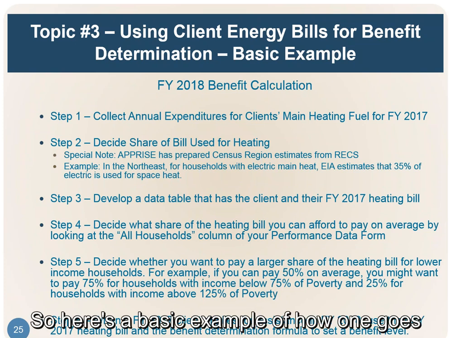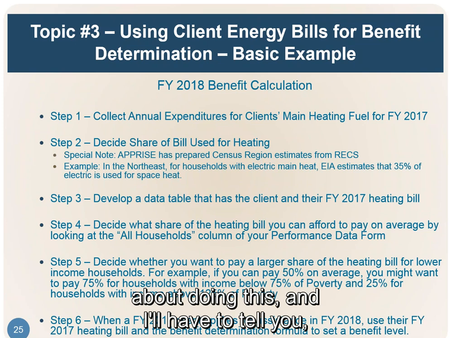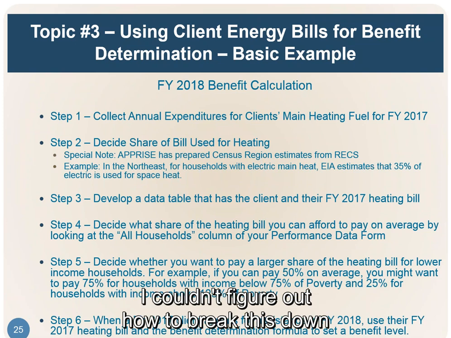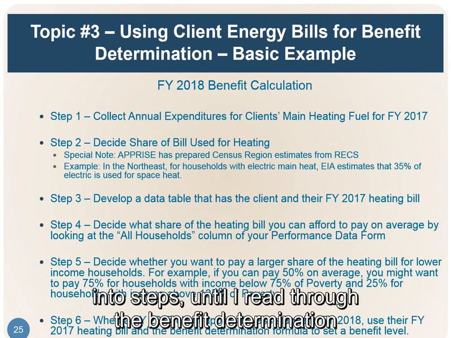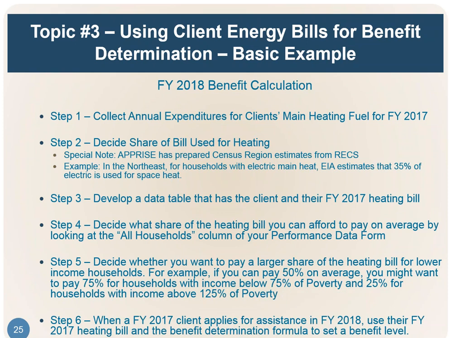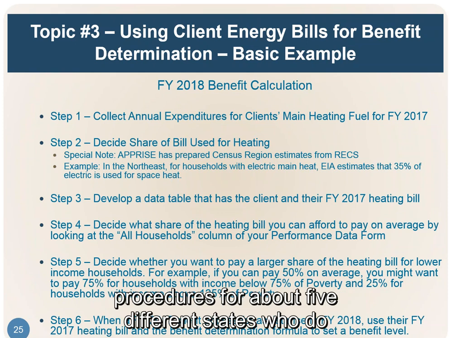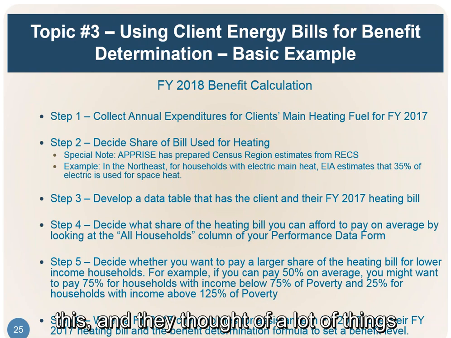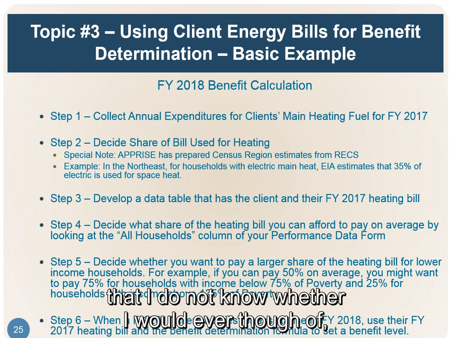So here's a basic example of how one goes about doing this. And I'll have to tell you, I couldn't figure out how to break this down into steps until I read through the benefit determination procedures for about 5 different states who do this. And they thought of a lot of things that I do not know whether I would have ever thought of.